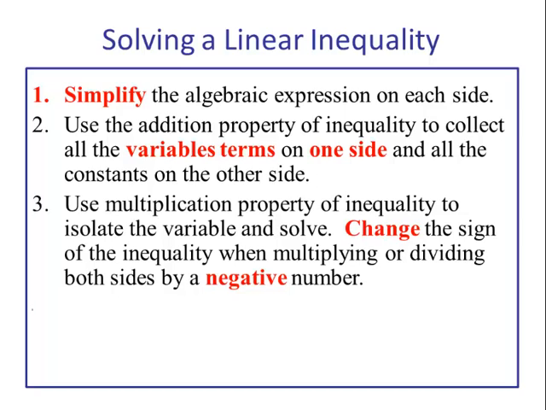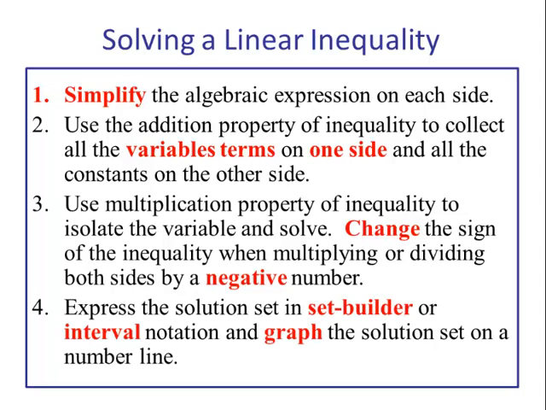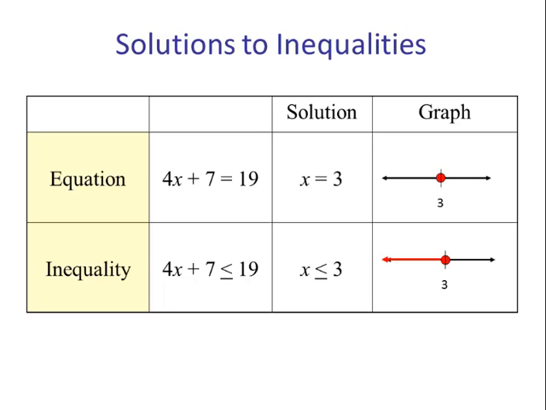Remember to change the sign of the inequality when multiplying or dividing by a negative number. Number 4, express the solution set in set builder or interval notation and graph the solution set on a number line. So here's the relationship between an inequality and an equation.